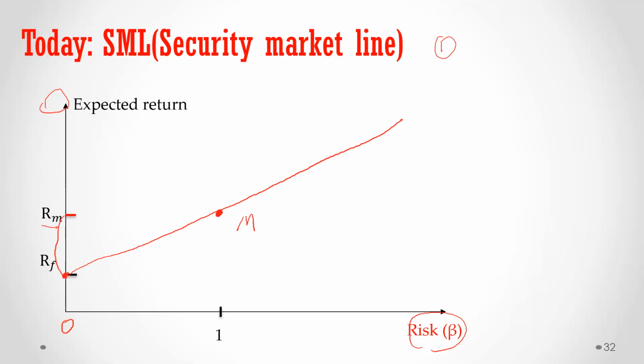In other words, if the price of any asset is correctly priced, or is under its market equilibrium condition, then we can say that this asset's expected return and risk should lie on this red line, the security market line. Okay, and this is number one.